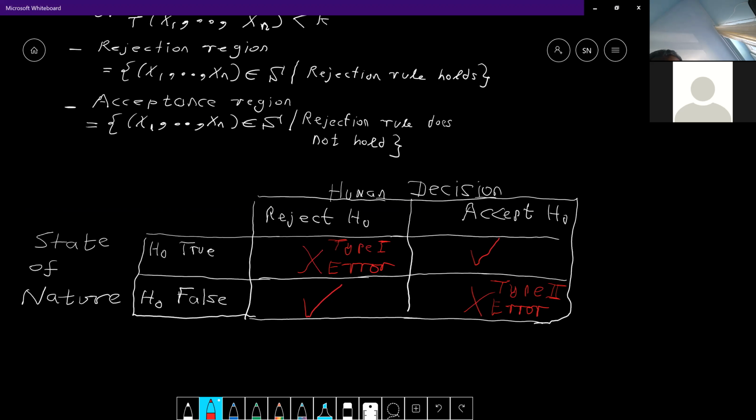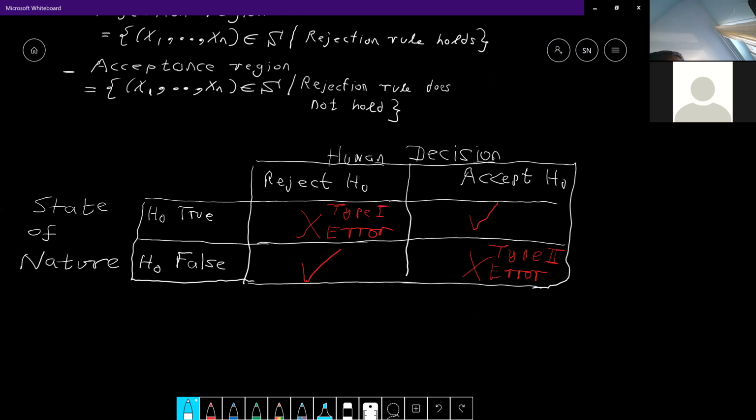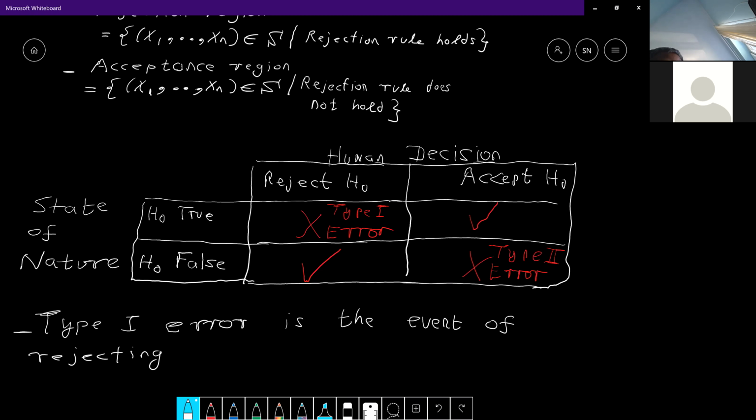So let me write it down. Type 1 error is the event of rejecting H0 when it is true, right?